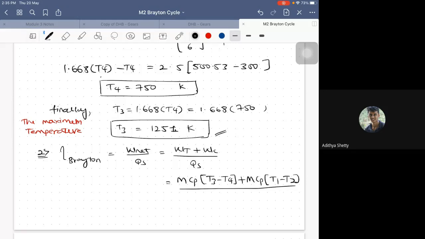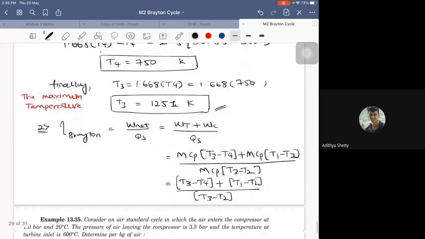For heat, it is final minus initial, so T3 minus T2. So all the MCPs will get cancelled, right? Whatever is remaining is T3 minus T4 plus T1 minus T2 divided by T3 minus T2.